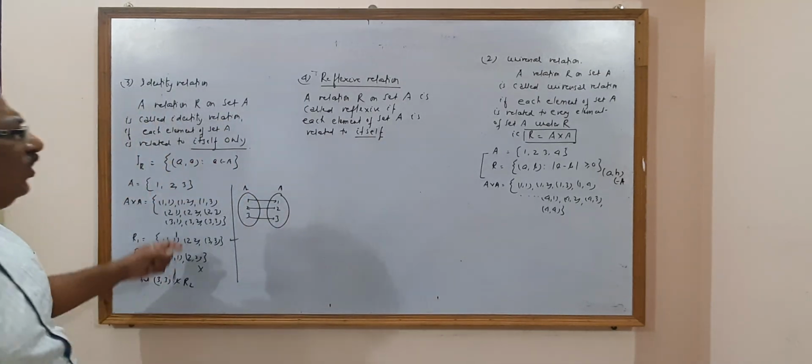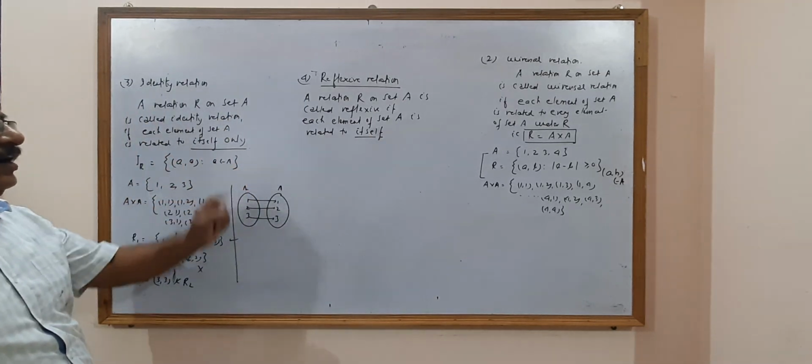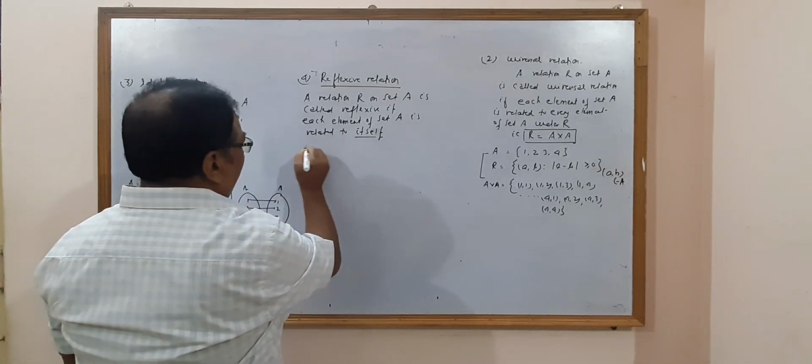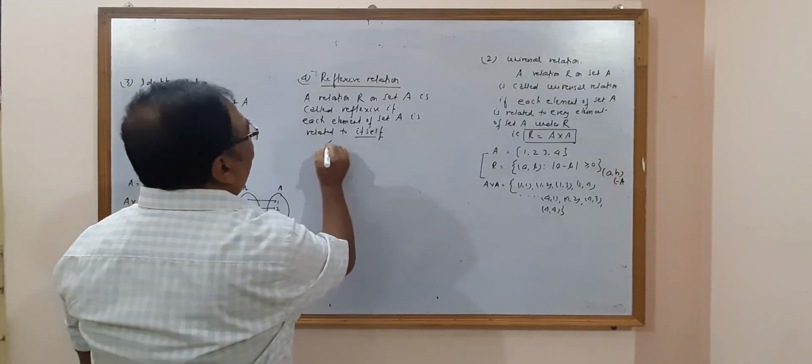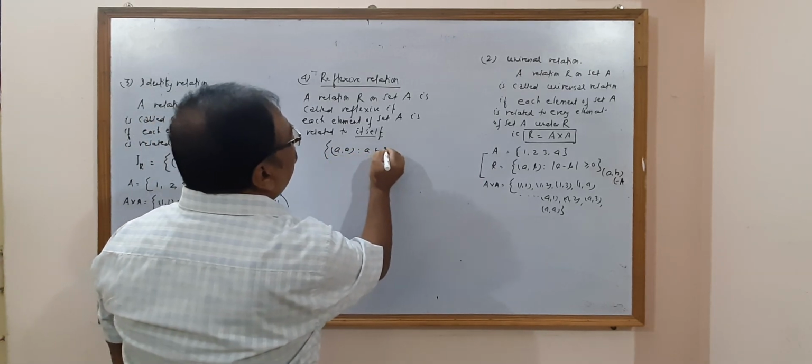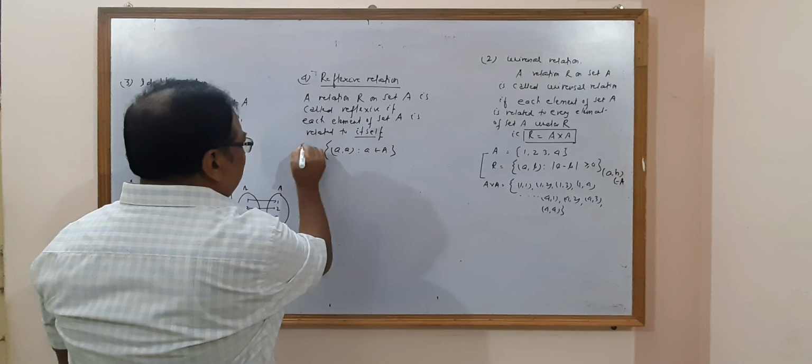Here it was related to itself only; here it is related to itself. The reflexive relation is the set of all ordered pairs (a, a) such that a belongs to A. This is R.